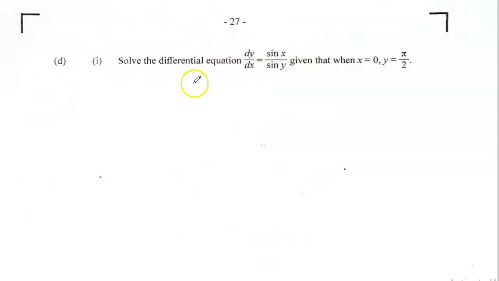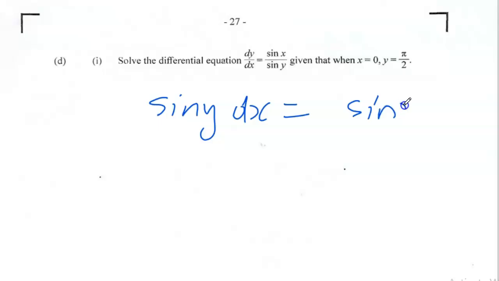We can cross multiply right away. So if I cross multiply, I get sine y times dy equals sine x times dx. And of course, we can integrate both sides.